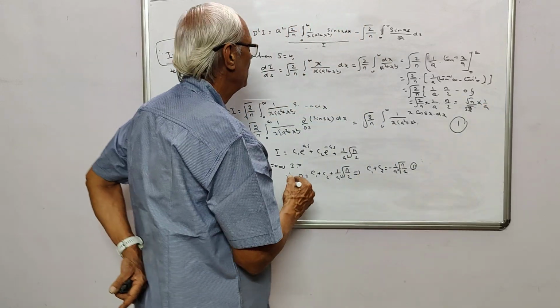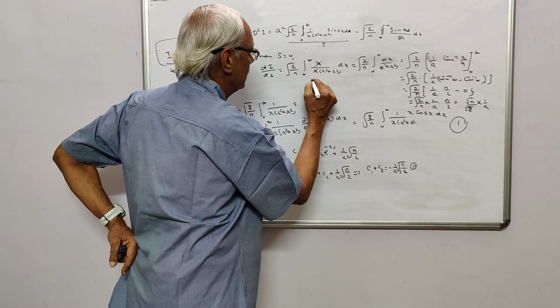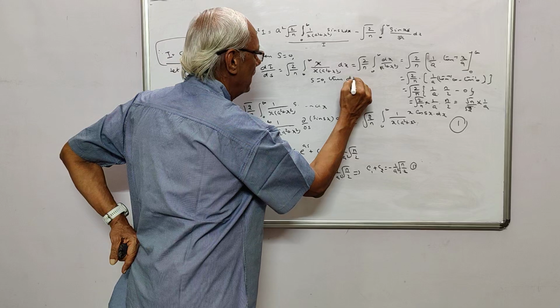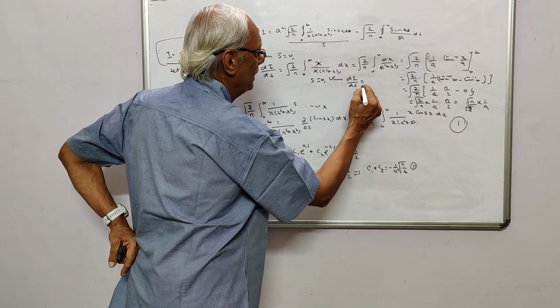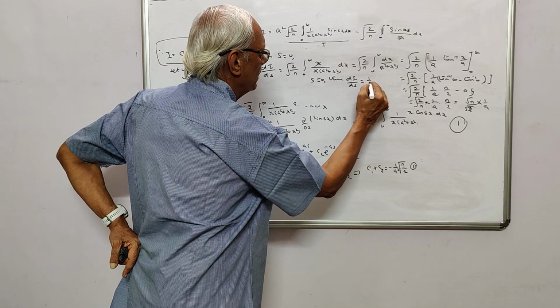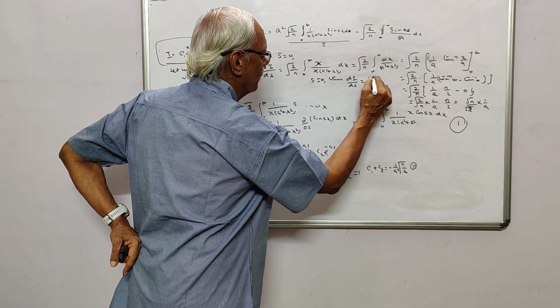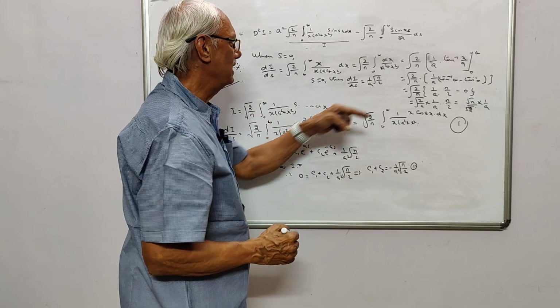So when s is equal to 0, then di by ds is equal to 1 by a into square root of pi by 2.